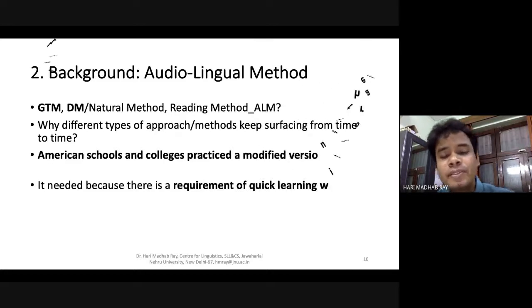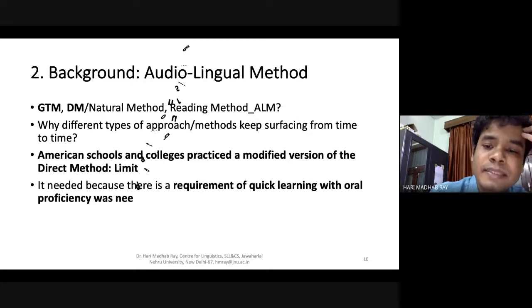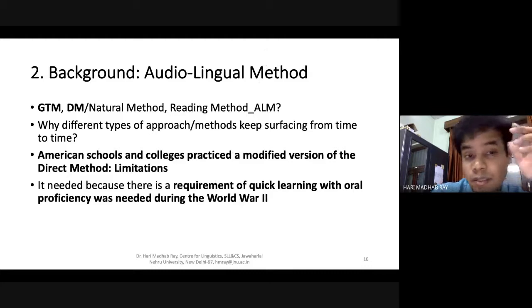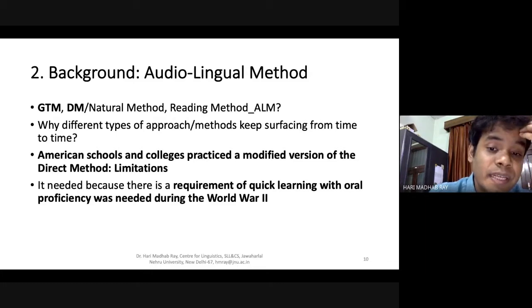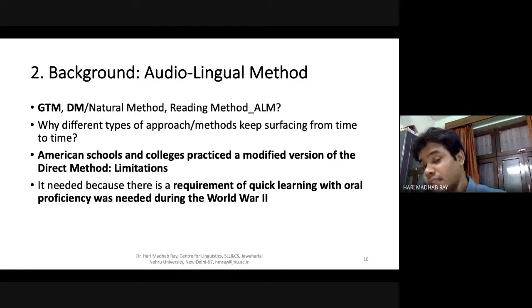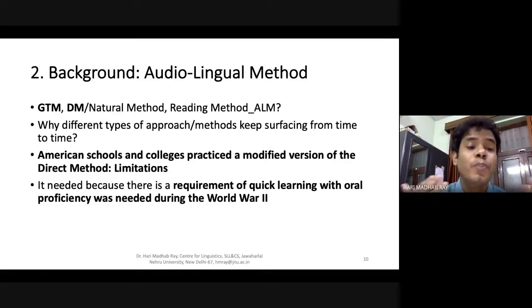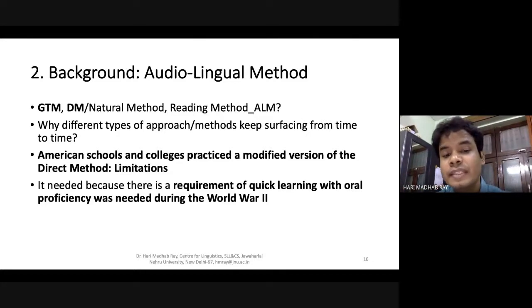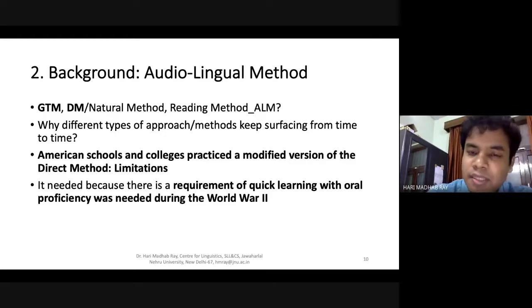American schools and colleges practiced a modified version of the direct method. In America, we saw that in different schools and colleges they practiced direct methods, though it has its limitations. It was needed because there was a requirement of quick learning with oral proficiency during World War II. Try to understand that during World War II we needed oral proficiency, not only writing. Why is that?